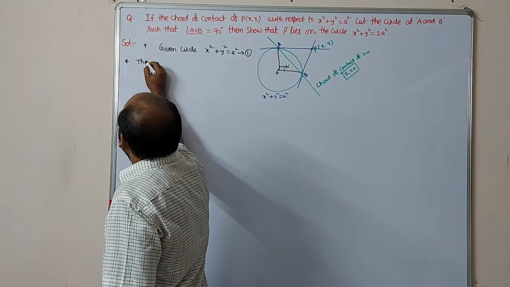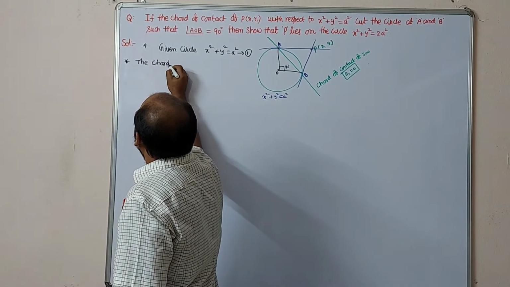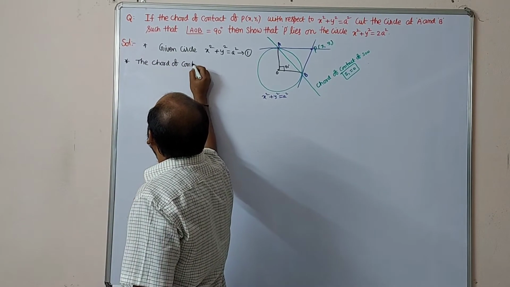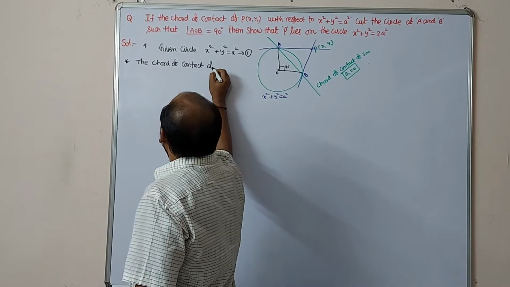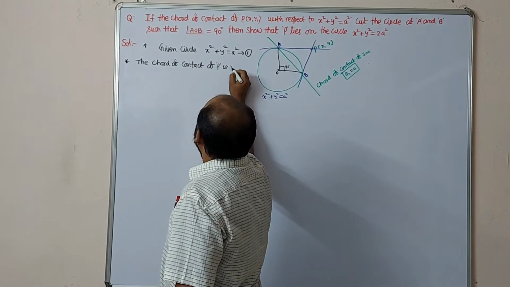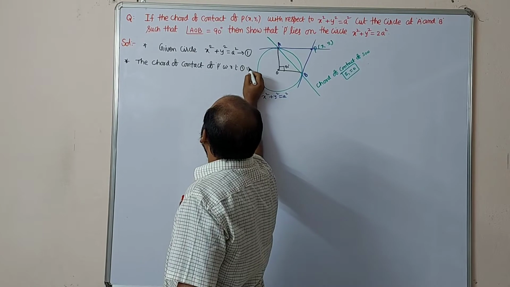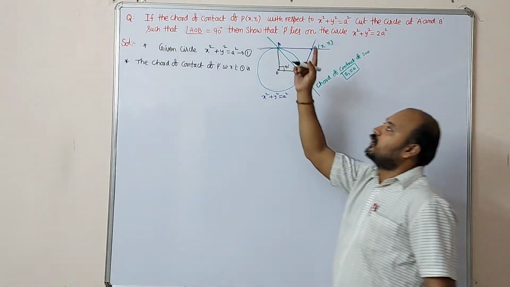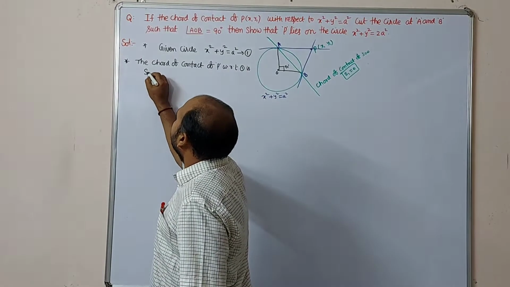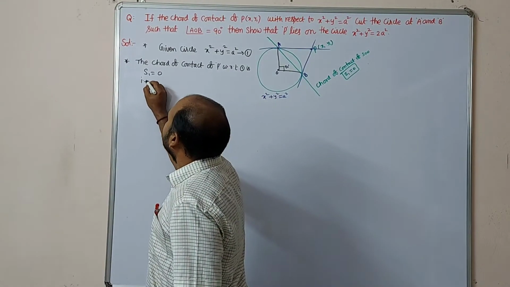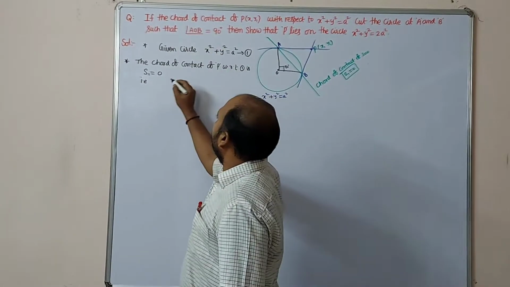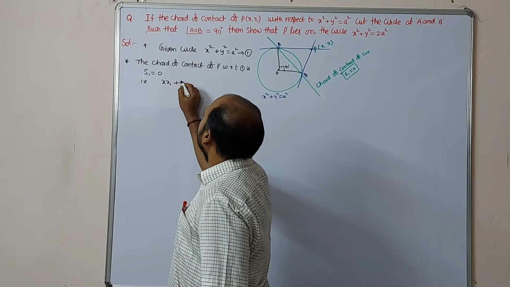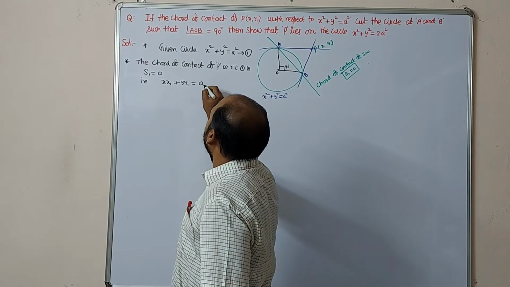The chord of contact of P with respect to equation 1 is S1 equal to 0, that is, xx1 plus yy1 is equal to a square.